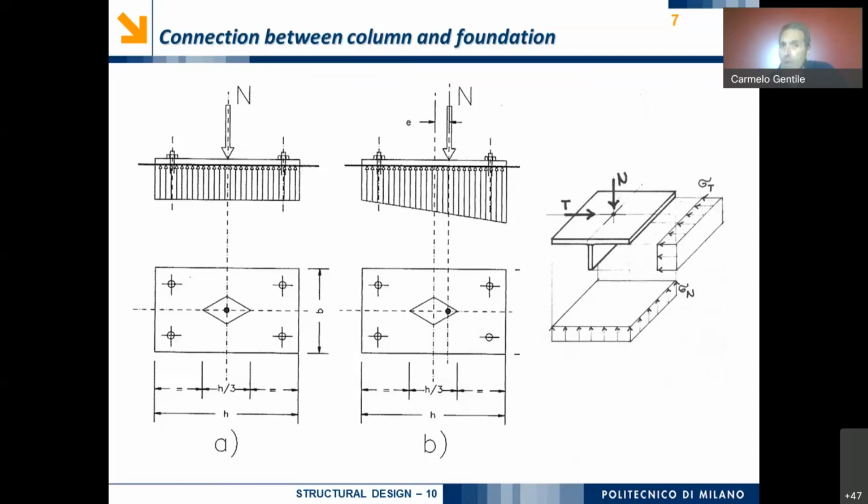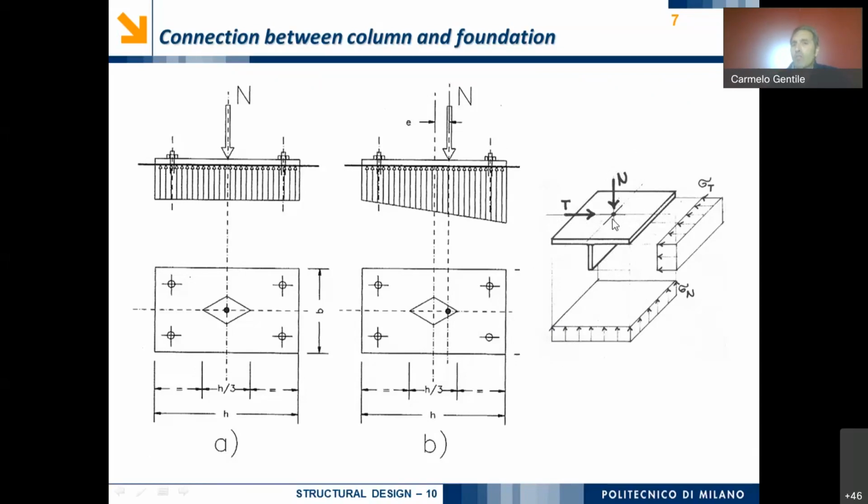Okay, of course, when we are dealing with a column beyond the centered or not centered axial force, there is generally at the base of a column also the presence of a shear force.